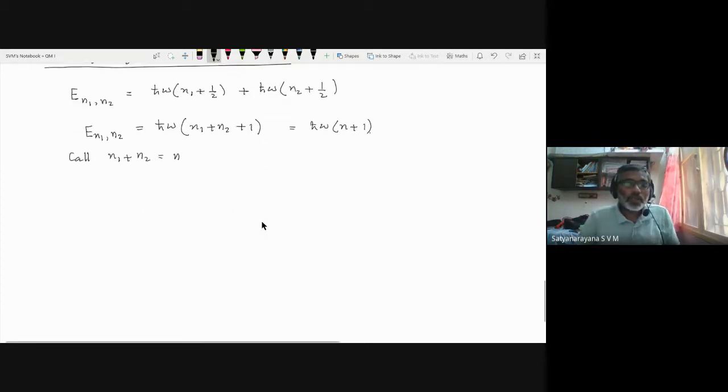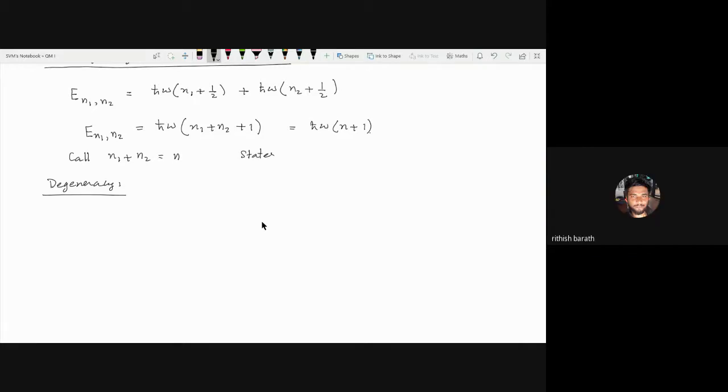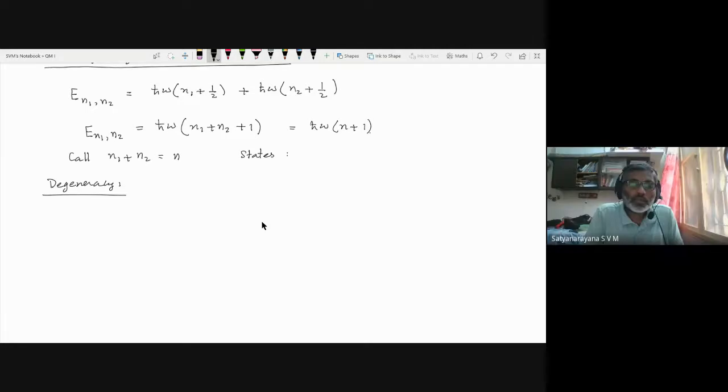Okay. Now let's look at degeneracy. Okay, so let us use that notation. Let's say states can be denoted by a ket vector with n1 comma n2. These are number eigenstates.